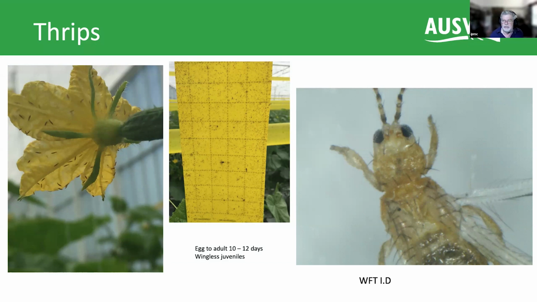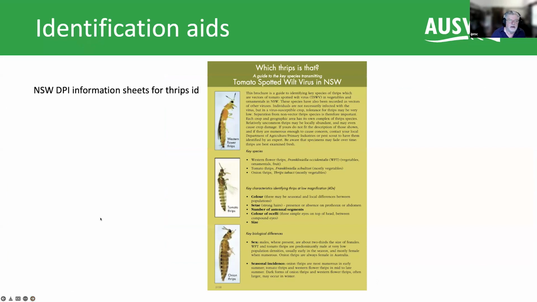These are all available from workshops and through Local Land Services and the DPIs. This is a thrips identification guide that New South Wales Agriculture or DPI put out some years ago, which is really very useful. I believe you can still access it on their website.